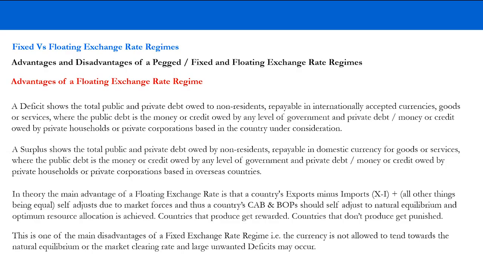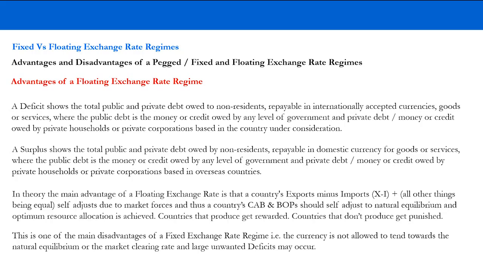So in a fixed exchange rate regime, a country is not allowed to tend towards the natural equilibrium or the market clearing rate. And typically what you may see is that large unwanted deficits can occur under fixed exchange rate systems. And that was one of the facets of the Bretton Woods system.